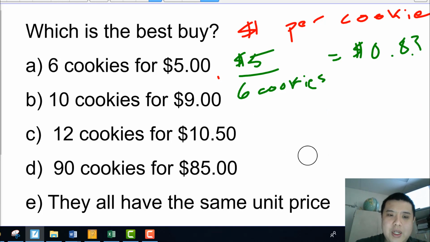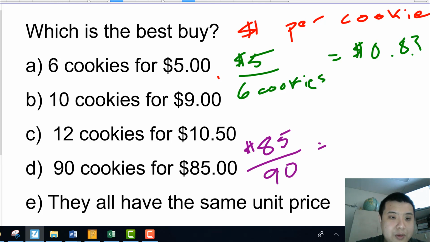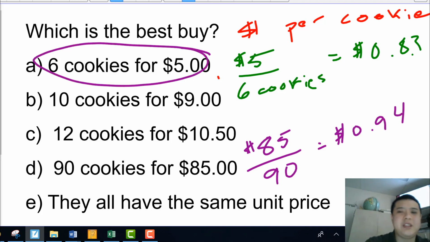The last one we need to try is 90 cookies for $85. Again, we're going to do dollars per cookie. So $85 divided by 90 cookies. What we find that to be, when rounded, is 94 cents. So therefore our best option is A, because we get that at the lowest price per cookie.